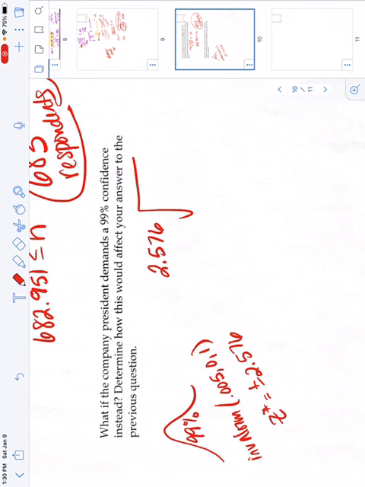So 2.576, square root, I'm going to multiply my 0.8, my 0.2, and get a 0.16. So there's my setup. Again, the only thing that's different is my Z star because I have a different confidence interval.